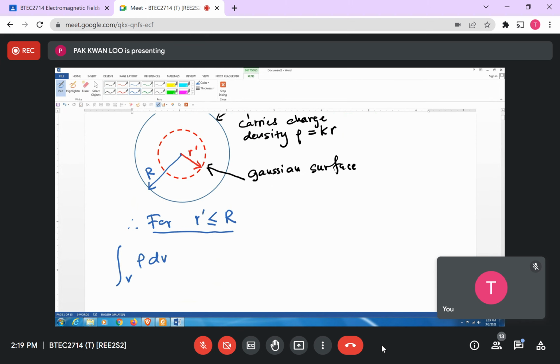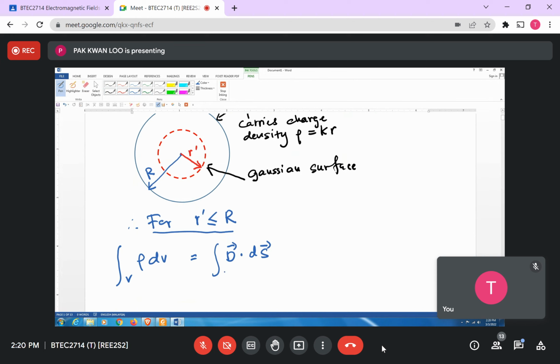So the charge enclosed is given by the volume charge density multiplied by a differential volume, integrated over the volume enclosed by this Gaussian surface. It is equal to the flux coming out, penetrating through the surface of the sphere.